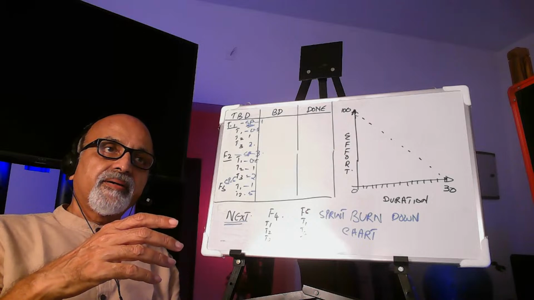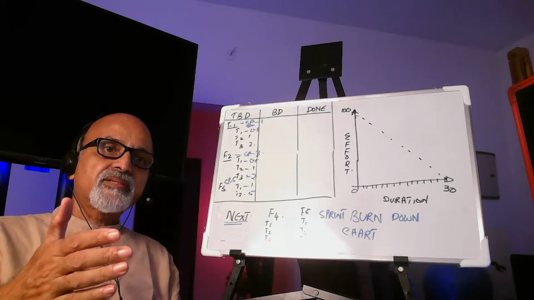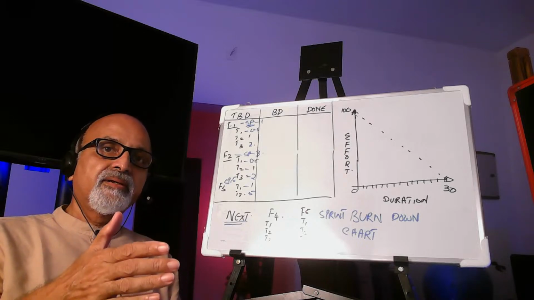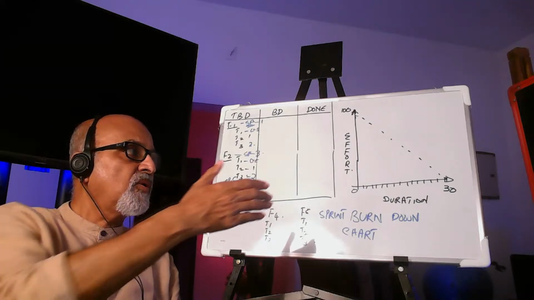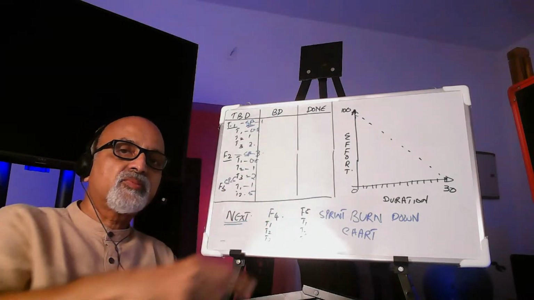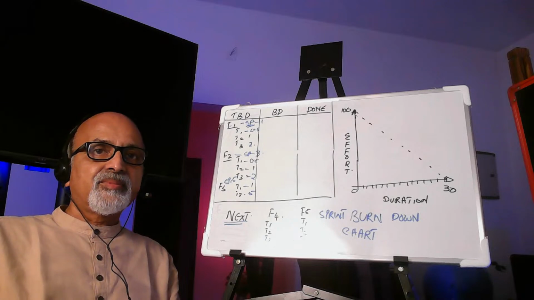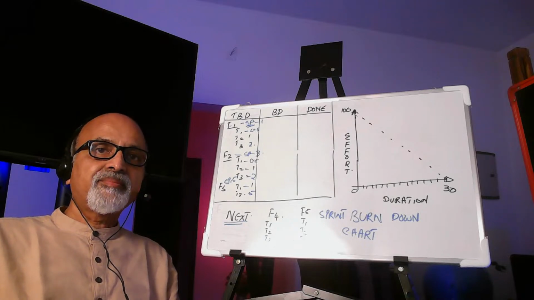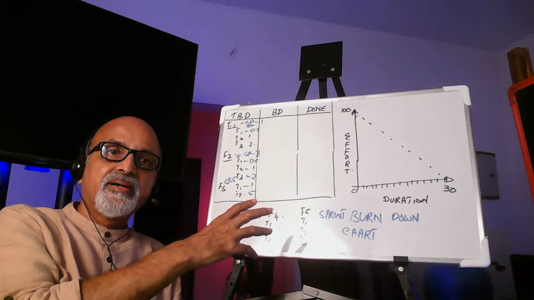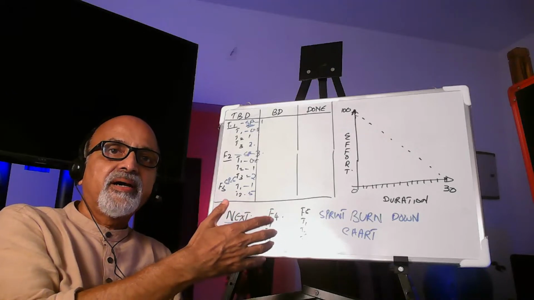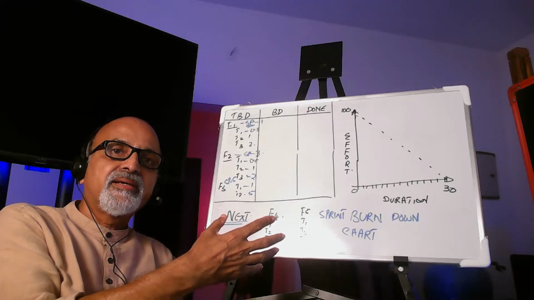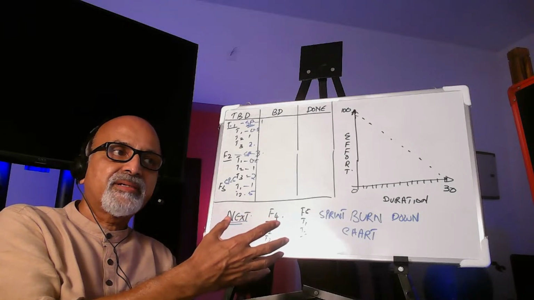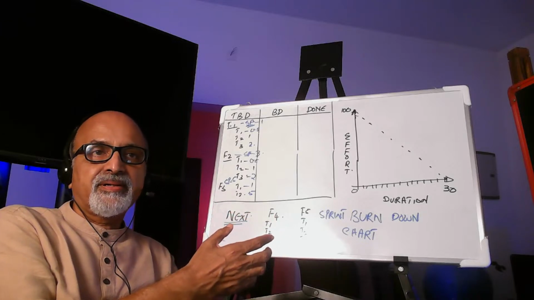The uses of these burn down charts are different, so accordingly, what goes on the y-axis will change. If I'm doing a release burn down chart, I'm not really interested in the balance effort required. I'm more interested in the story points completed against that particular release.